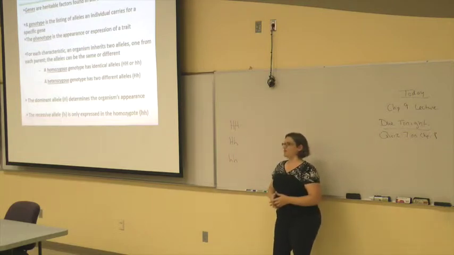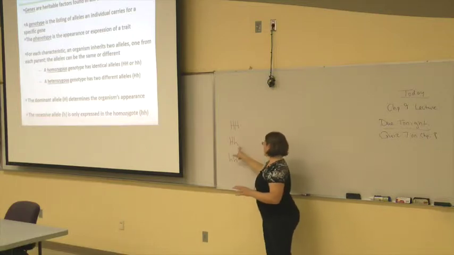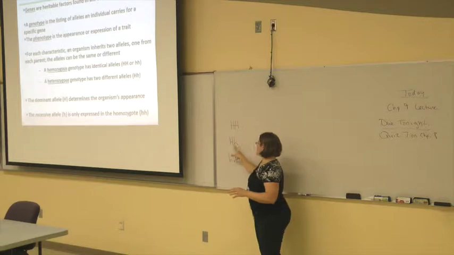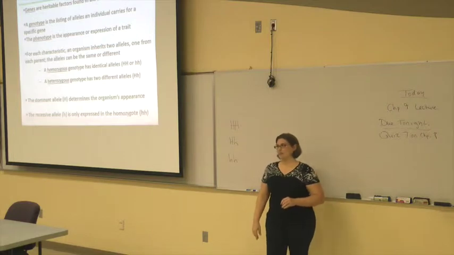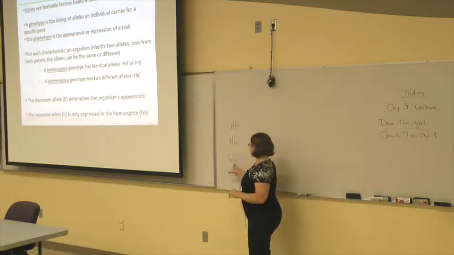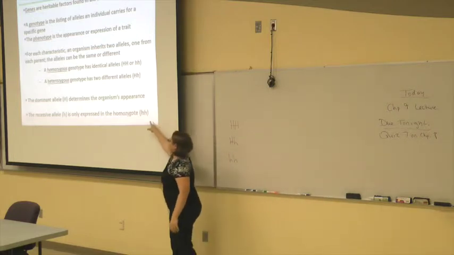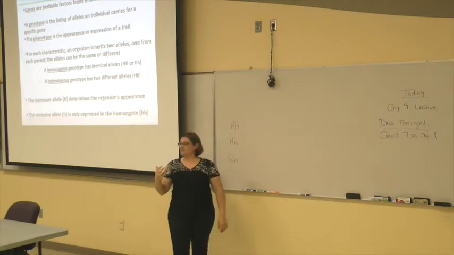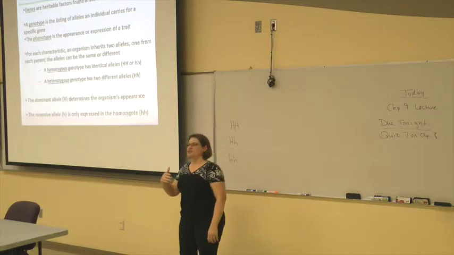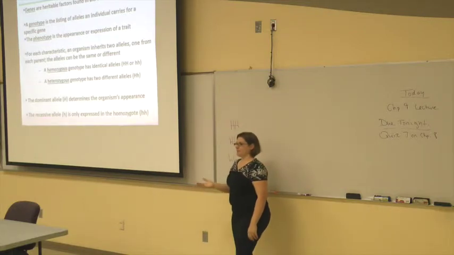The dominant trait. In most cases, there are some exceptions. If you've got a heterozygous genotype, only the trait expressed by the dominant allele will be expressed. The trait expressed by the recessive allele can only be expressed if you have the homozygous recessive genotype, like little h, little h.